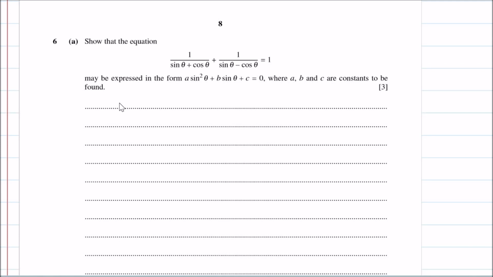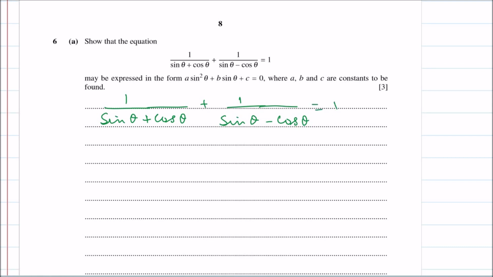Okay. So now let us see how we can do it. 1 by sin theta plus cos theta, let me write it here, plus 1 by sin theta minus cos theta is equal to 1.